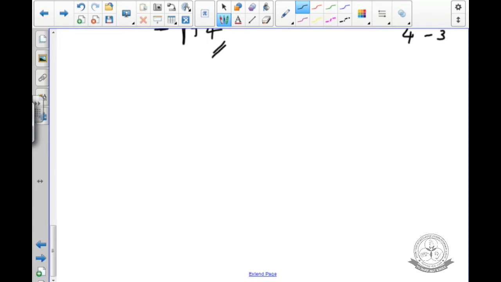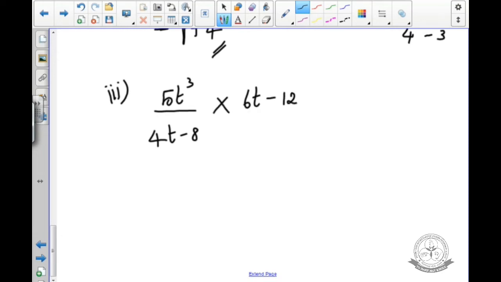And the next problem, third problem. So the variable for this problem, here I am having t. So 5t cube divided by 4t minus 8 into 6t minus 12 divided by 10t.